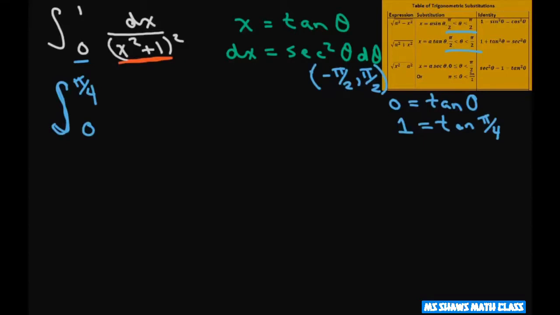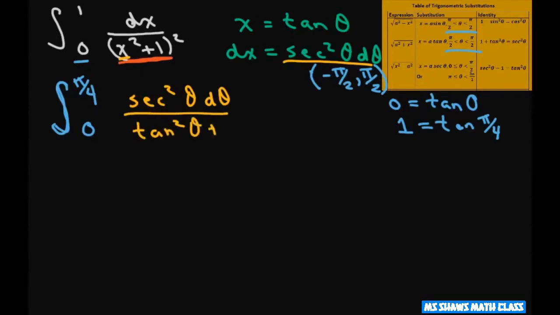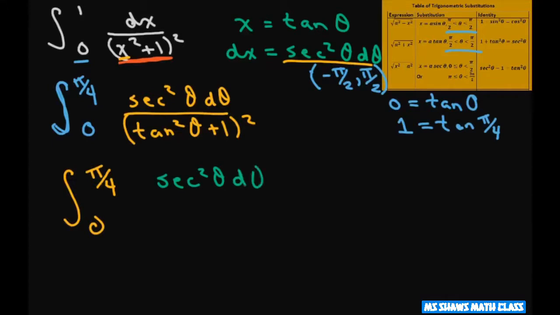All right, so let's get started. We know dx is secant squared theta d theta. And we also know that x is tan, so that's going to be tan squared theta plus 1 squared. So simplifying further, we're going to get 0 to pi divided by 4. Let's just write the numerator and simplify the denominator.